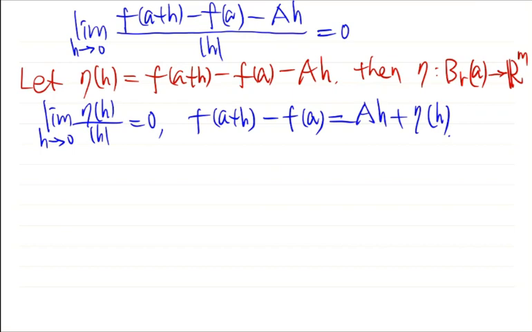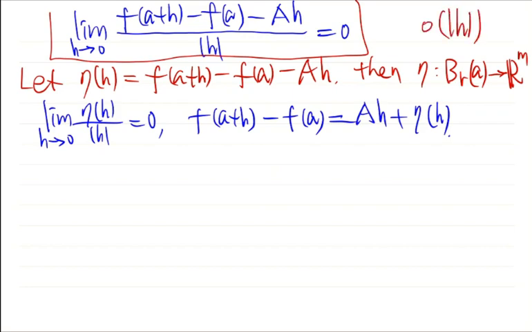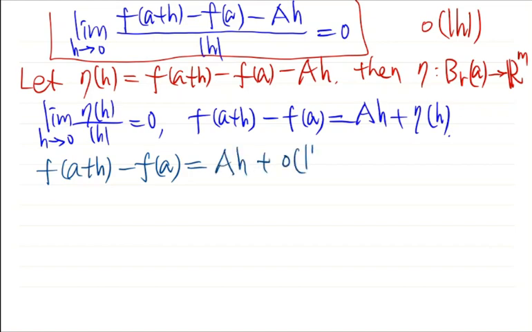And since this limit is 0, we say that the numerator is a so-called higher order term. So differentiability is usually defined in this way: f(a+h) − f(a) equals Ah plus a higher order term with respect to the norm of h. So this is our eta(h).